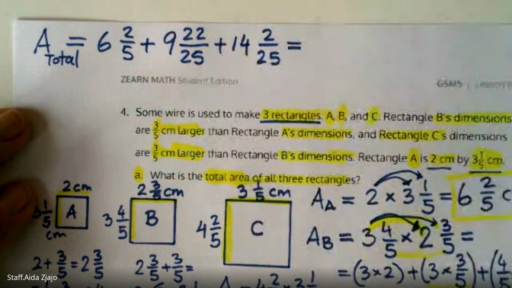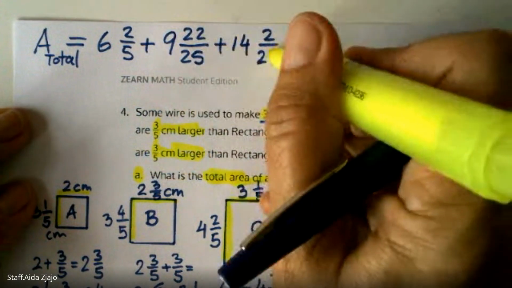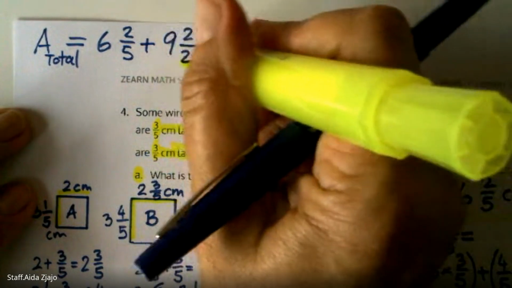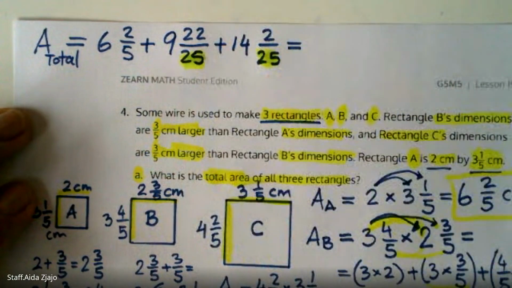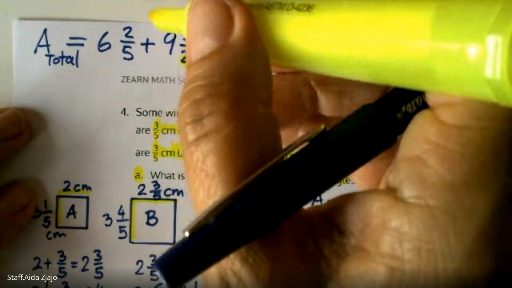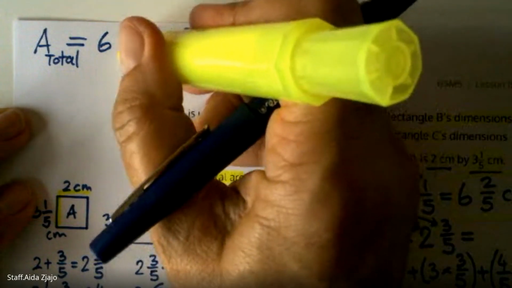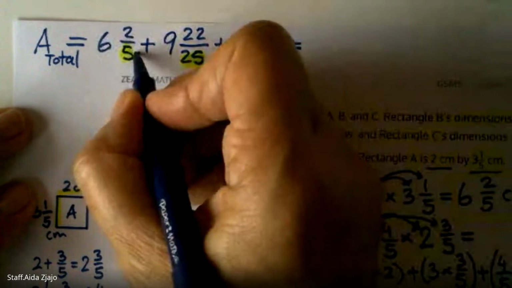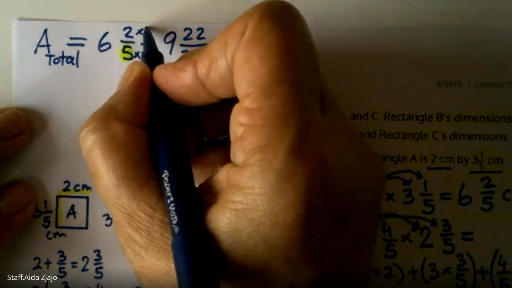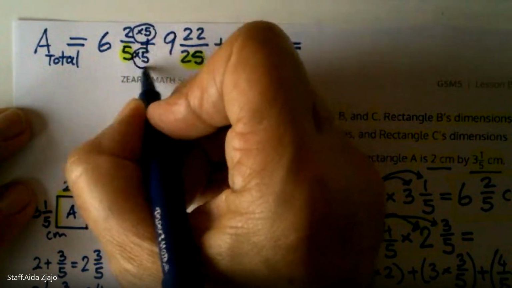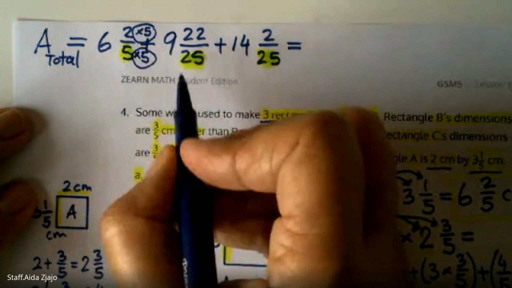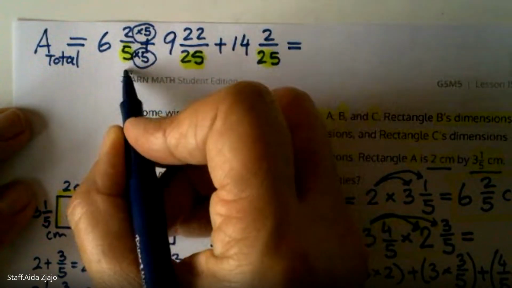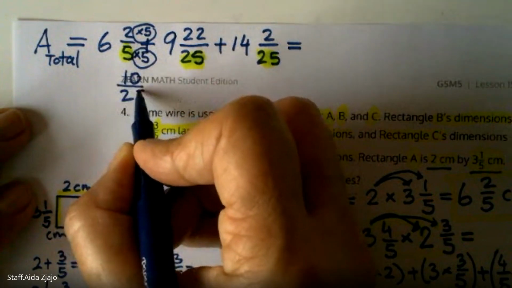So I'm going to change, these are 25ths and these are 25ths. So I'm going to use this 5 times 5. So this will become 10 25ths. So this is 10 25ths.